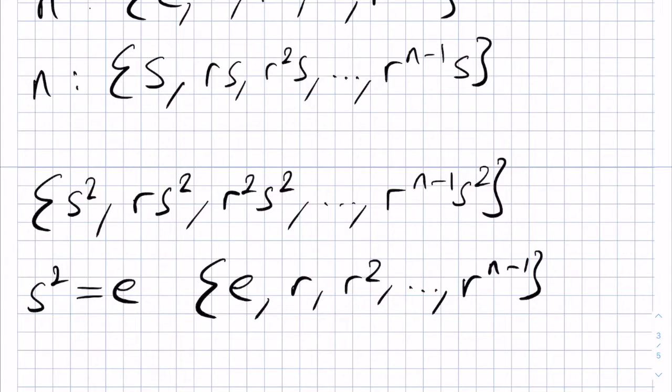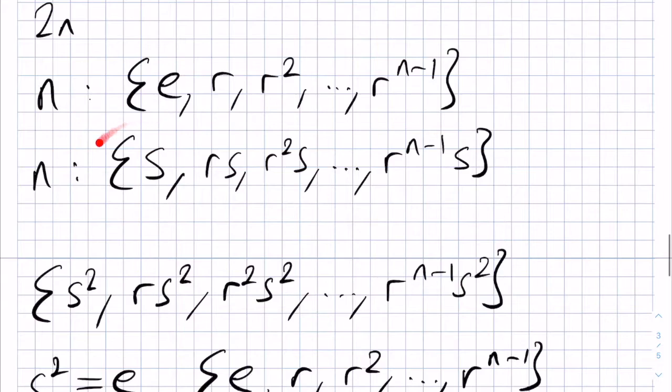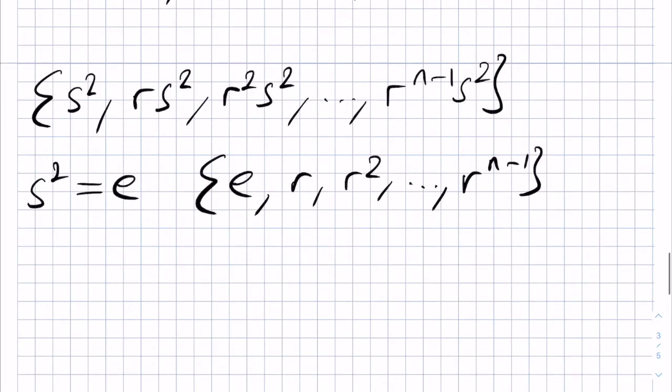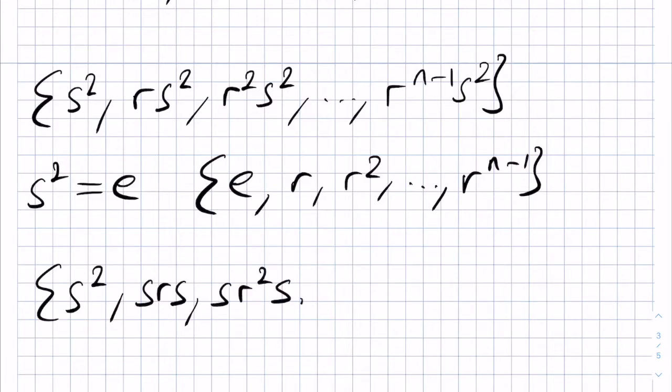and so doing this will give us no new elements. How about multiplying these elements here by an s on the left? Will this give us any new distinct elements? This would give us the set s squared, srs, sr squared s, all the way up to s r to the n minus 1 s.